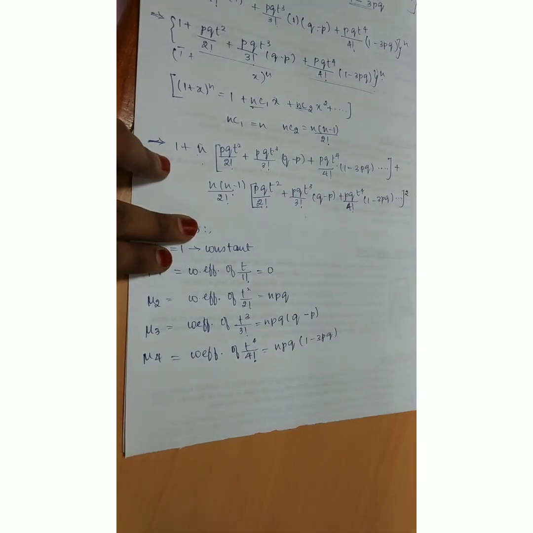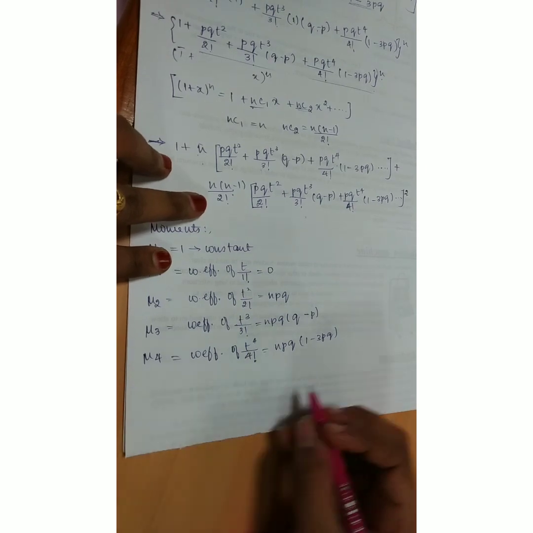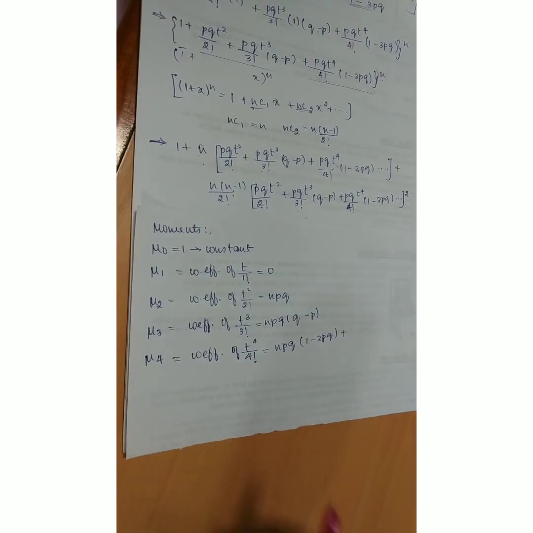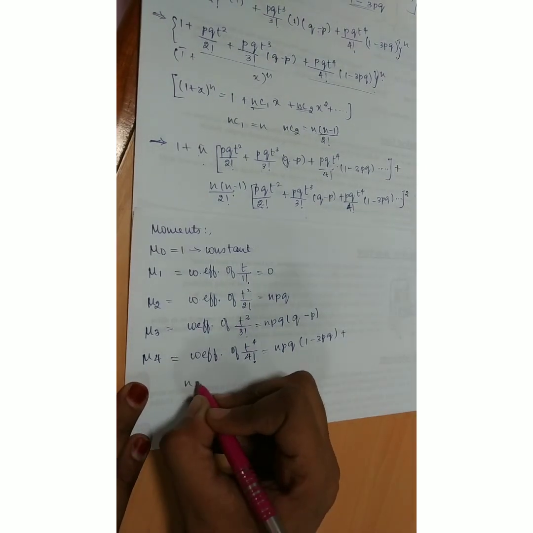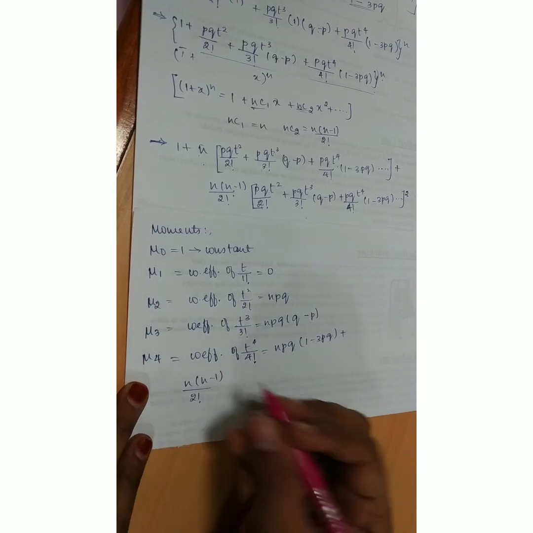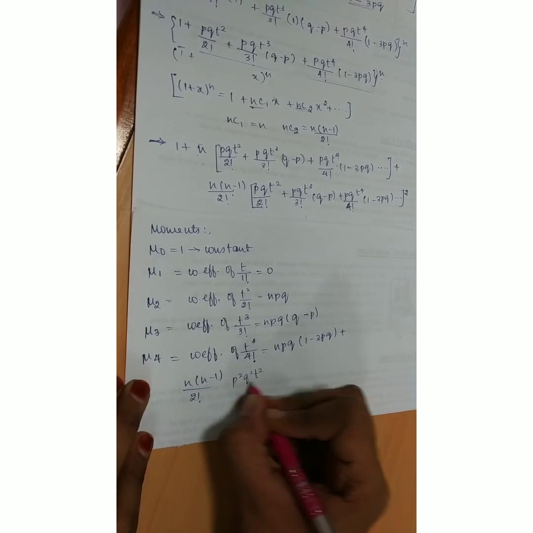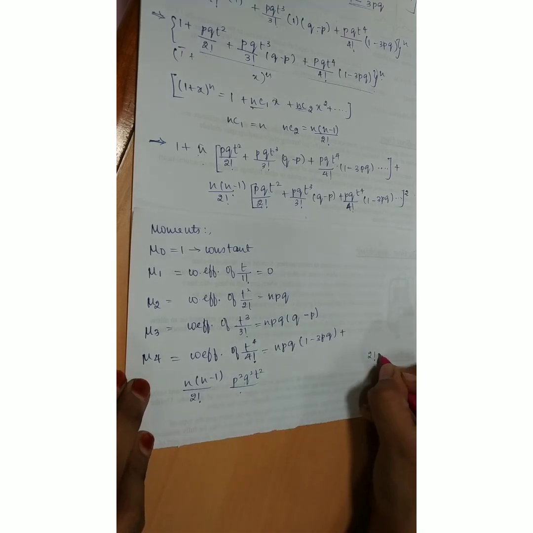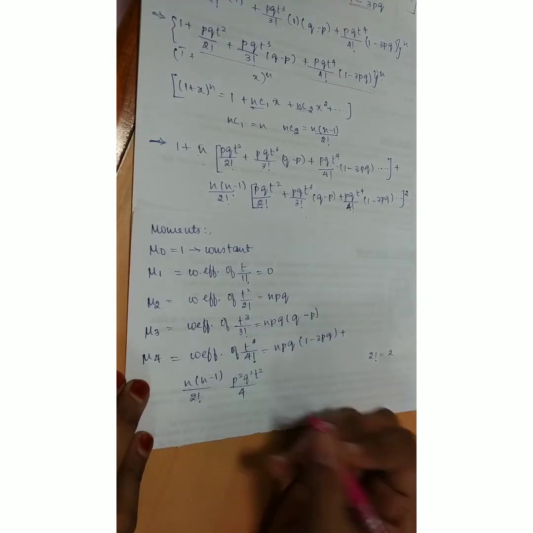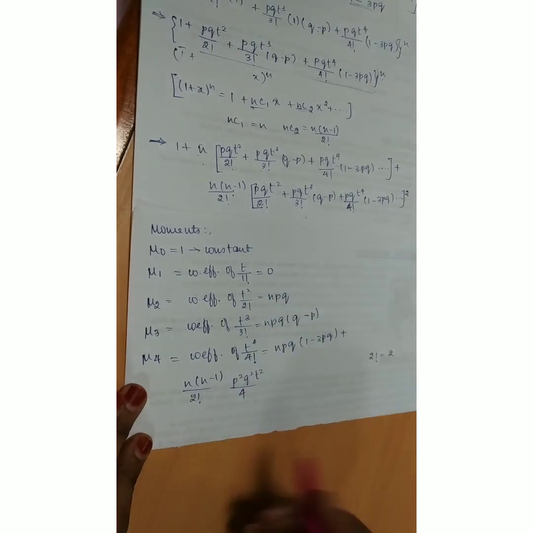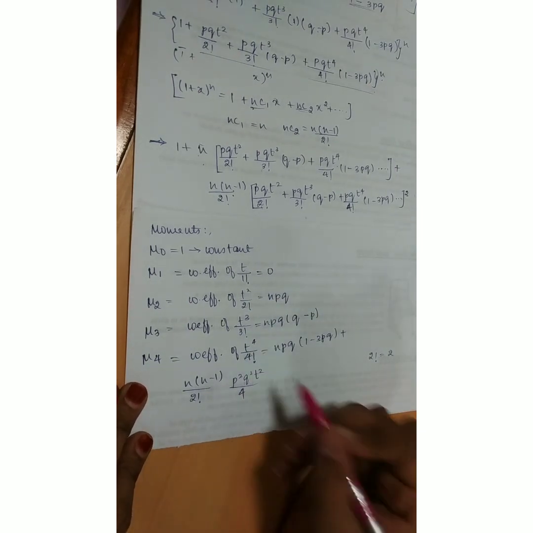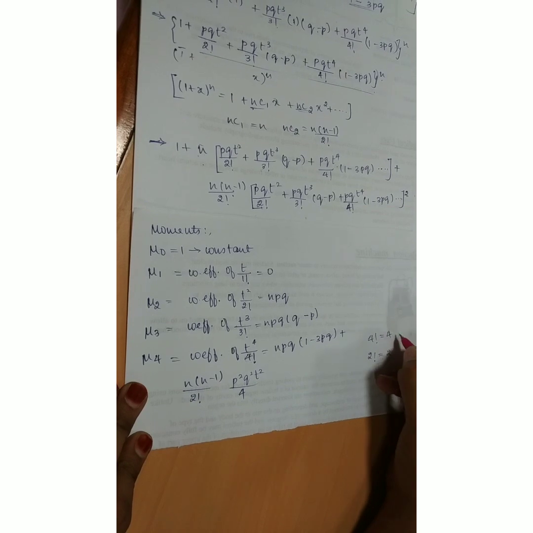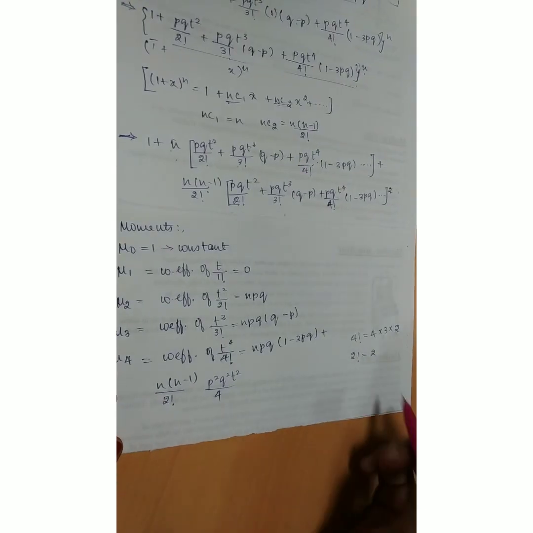Then when we square it in the second term, we get n into n minus 1 by 2 into p square q square by 2 factorial, which is nothing but 2. While squaring it, that becomes 4. But we need t power 4 by 4 factorial. 4 factorial is nothing but 4 into 3 into 2.